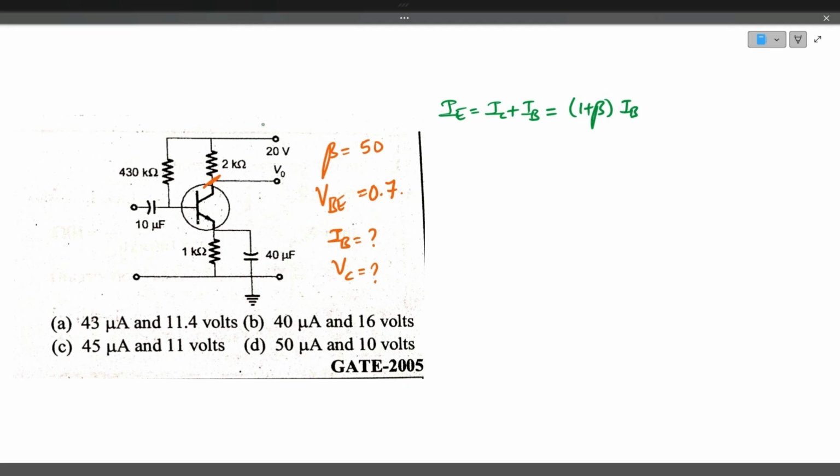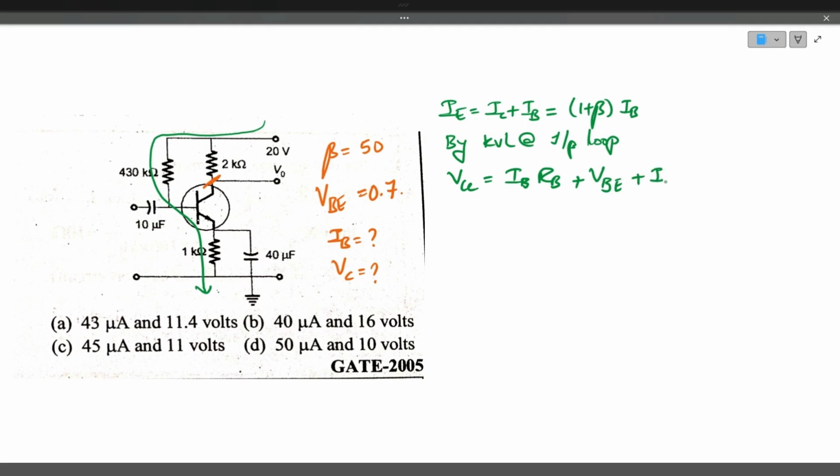So by applying Kirchhoff voltage law, KVL, in the input loop, we will get VCC is equal to IB into RB plus VBE, base emitter voltage, plus emitter voltage, that is nothing but emitter current multiplied by emitter resistance. Here emitter current can be written as 1 plus beta into IB, and emitter resistance.